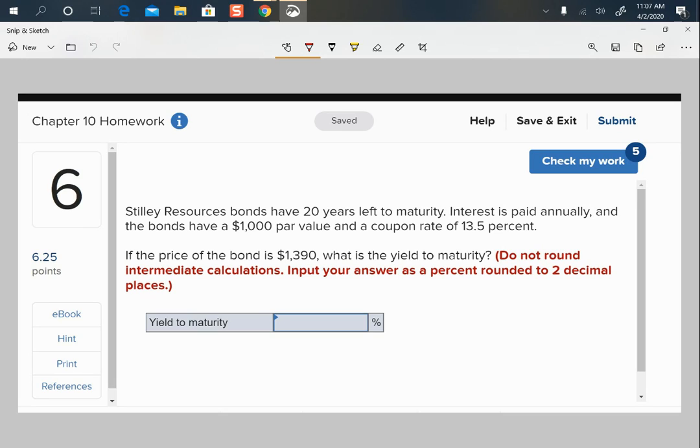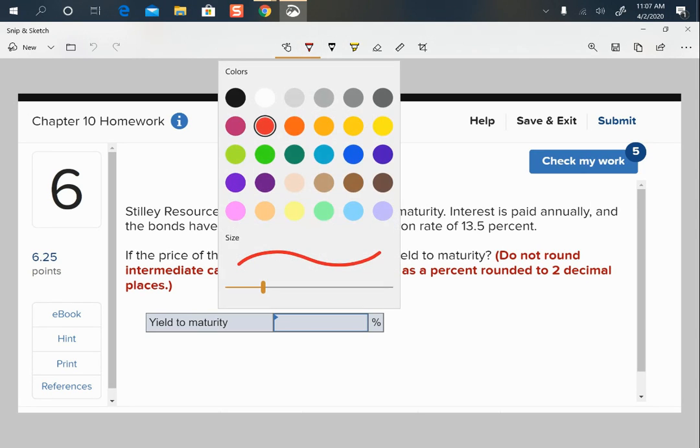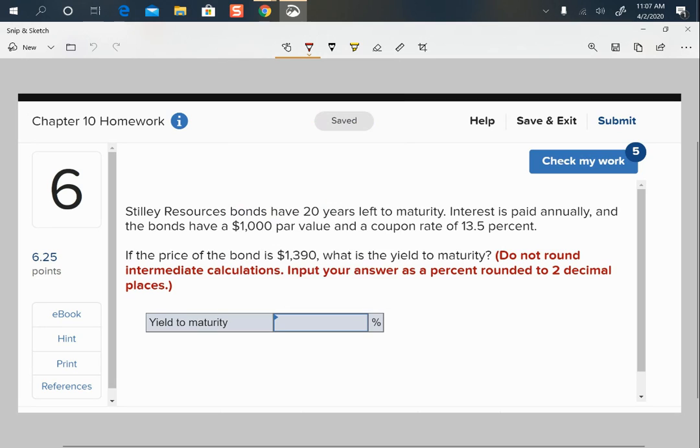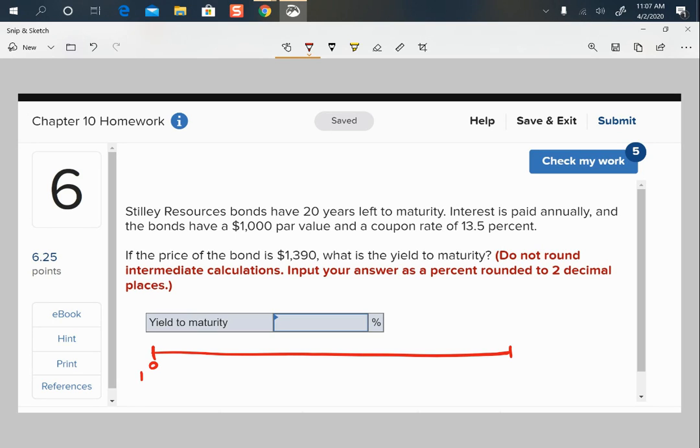Again, for the yield to maturity, I just want to use a timeline to give you a perspective of what is happening here. If I draw my timeline here, we know that today is at time zero, and the present value, or the current price of this bond, is $1,390.